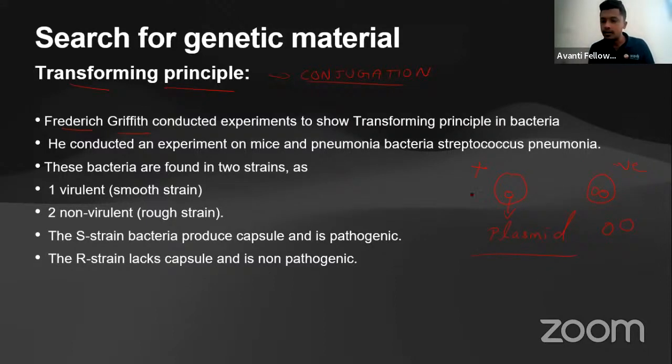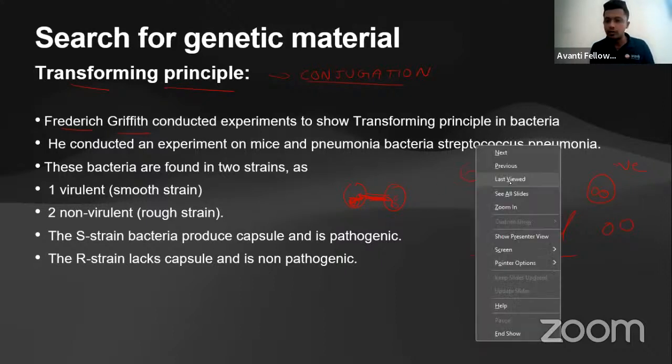These two cells come close together and form a bridge, and this extra copy from the negative bacteria will start flowing into this tube called the conjugational bridge, and finally reaches the positive bacteria. After reaching the positive bacteria, this DNA will become a part of the bigger plasmid DNA, finally converting the positive bacteria into a negative bacteria. So this process is called conjugation.